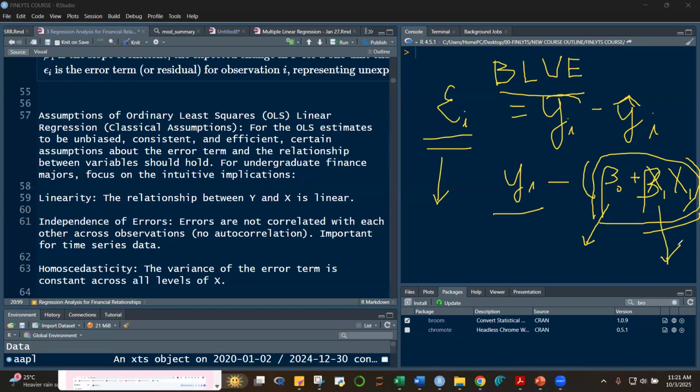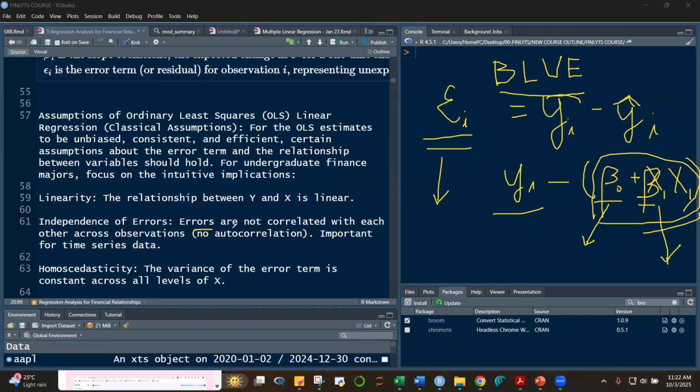I'm talking of a simple linear regression model here, class, and that these parameters are the best linear unbiased estimators. This will happen only if we fulfill the assumptions of the classical linear regression model.